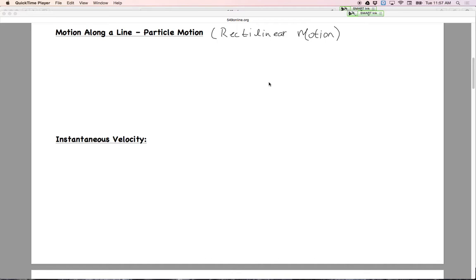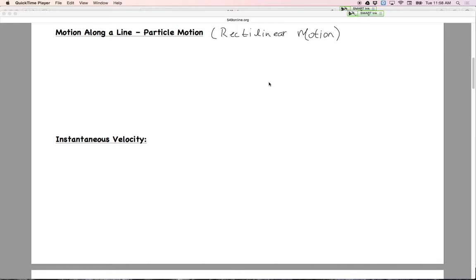All right, rectilinear motion, so motion along a line. Now, the way we're going to do this in calculus, we're only going to talk about one-dimensional lines, and time's still going to be a component of this. Time's just relative.